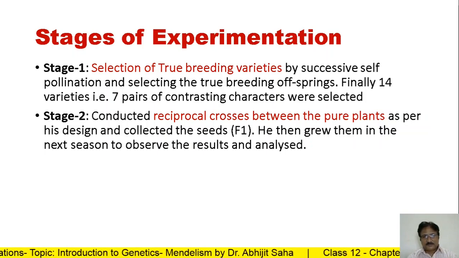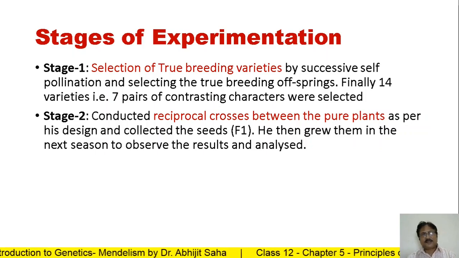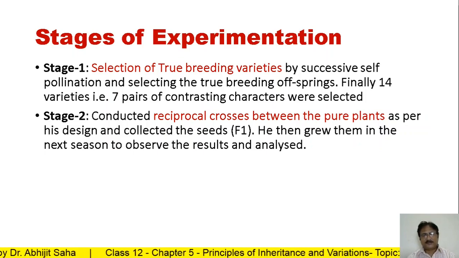After every reciprocal cross, he obtained the seeds, because after the cross is made, pollination is over, then fertilization occurs, then fruit and seed develop. Seed is the product of the cross. Now, what character has been inherited in the seed has to be checked, and this is possible when the seeds are sown in the next season and the plant grows and then the characters may be observed.